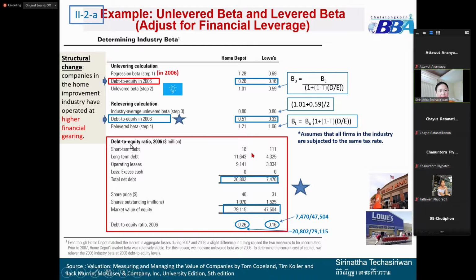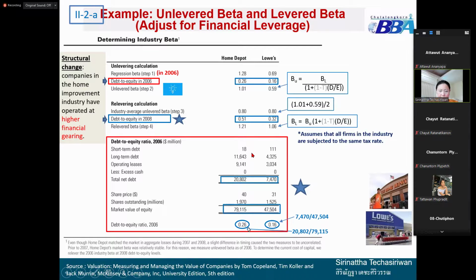Okay, in this case they didn't say whether this is market or book, so I give you this explanation. Here, from the levered beta of these two companies, an analyst expects a change in capital structure, a higher debt level. So they take out the financial leverage from this data first by applying this formula.